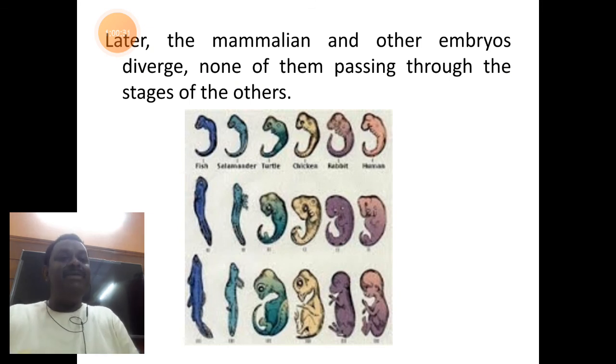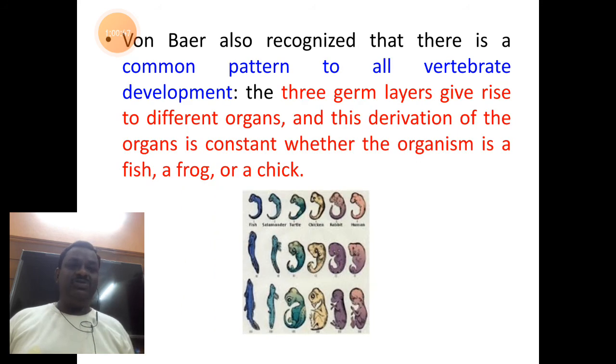Later the mammalian embryos will diverge through different stages of development and start developing newer characters in them. So this is the importance of Von Baer's principle.